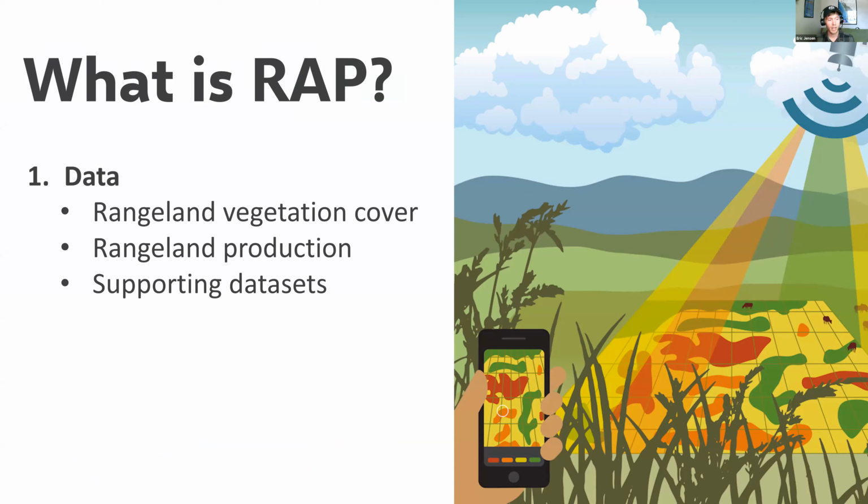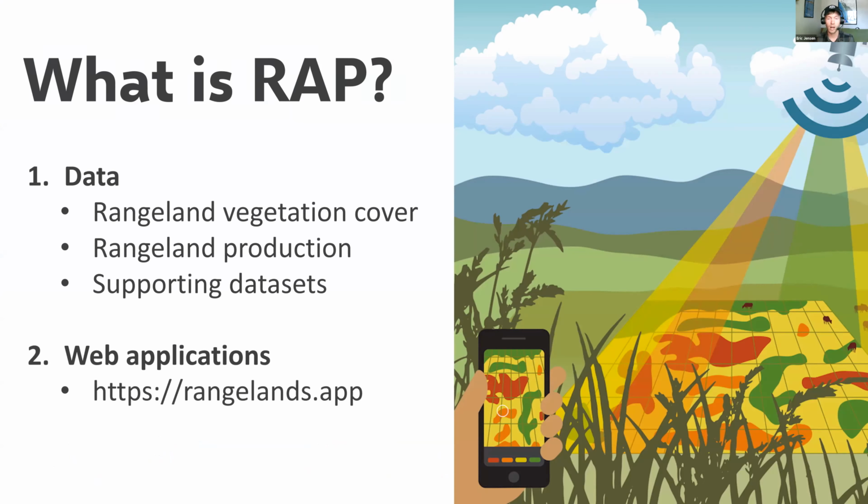But importantly, these data sets are really large and would be really cumbersome for any individual to try to deal with or analyze. And so to facilitate your ability to just analyze these data easily, there's a web application at rangelands.app that we'll be exploring a lot today that can help you dive into these maps for your regions of interest.